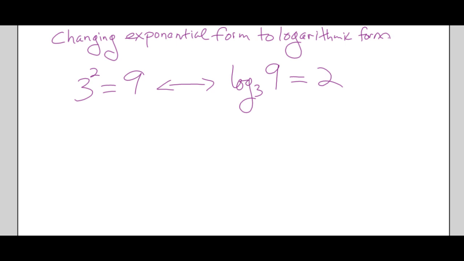But we could say stuff like, all right, so 81 is equal to 10 to the power of y. I want you to write that in logarithmic form. Okay, so give it a shot. So I'm going to put down the word log. You want the base.